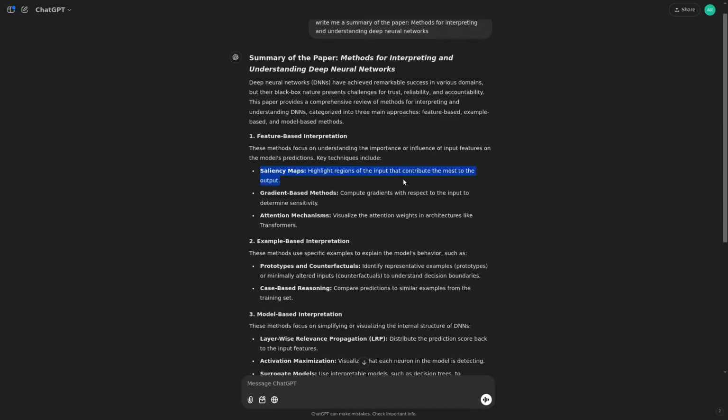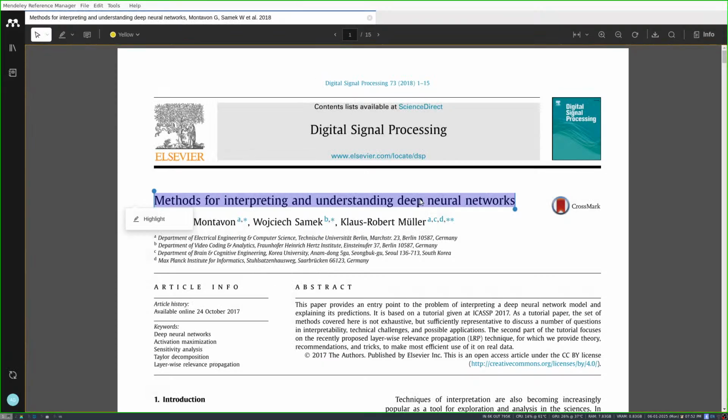Saliency maps highlight regions that contribute most to the output. Oh, that is a fun part. We could stay here, honestly. Gradient-based methods compute gradients with respect to the input to determine sensitivity. Attention mechanisms. Do we talk about attention?